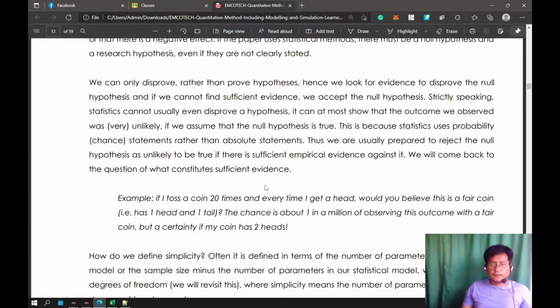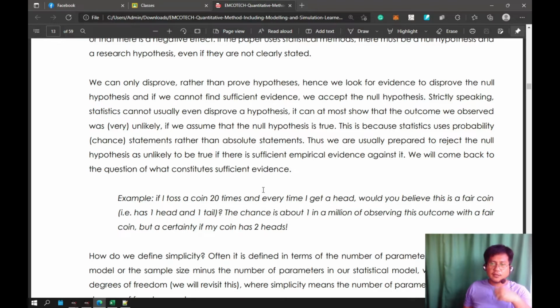For example, if I toss a coin 20 times and every time I get a head, would you believe this is a fair coin? Has one head and one tail.